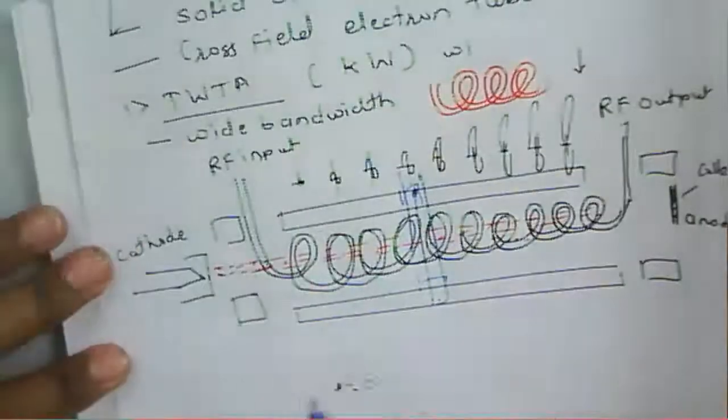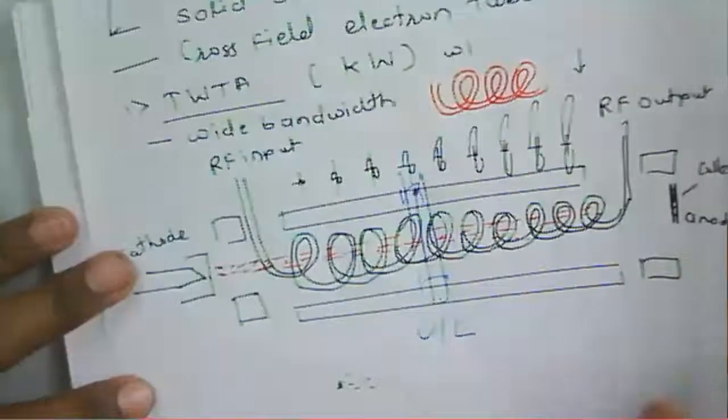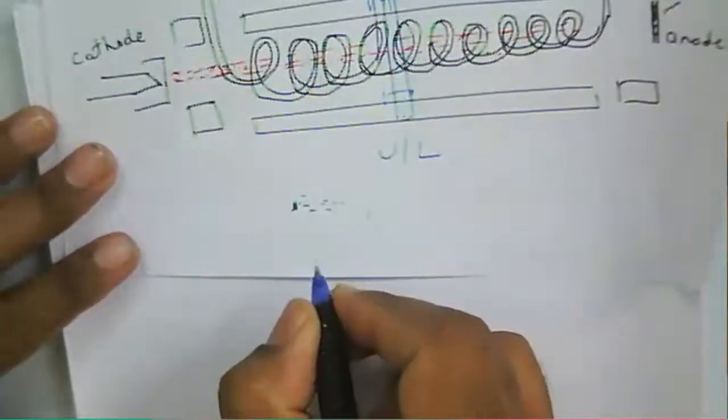The traveling wave tube amplifier is used in an earth station for transmitting the signal, which is the uplink frequency signal.